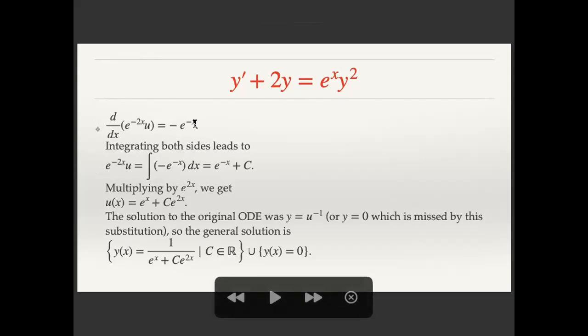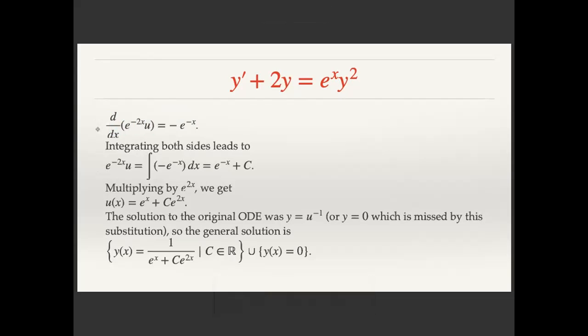So this is the last formula that was written on the previous page. And now integrating both sides. So the integral or the antiderivative of the derivative is the function itself, plus a constant, if we want to.